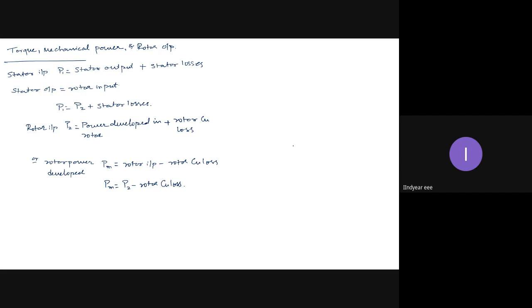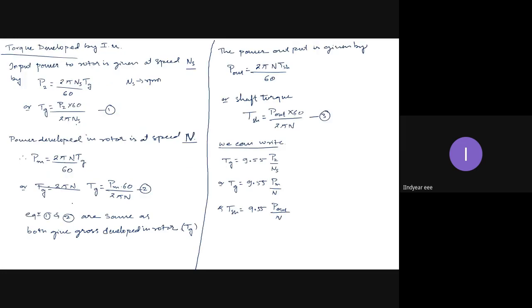Also we have these equations for Tg. Pm is equal to 2 pi n Tg by 60.